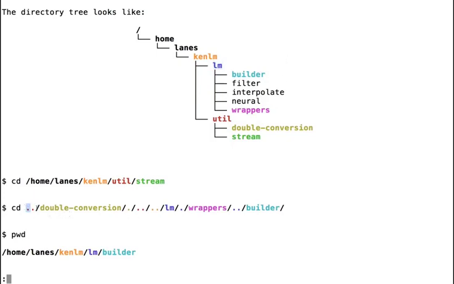And so, ../double conversion/./../../lm/./wrappers/../builder refers to /home/lanes/kenlm/lm/builder.